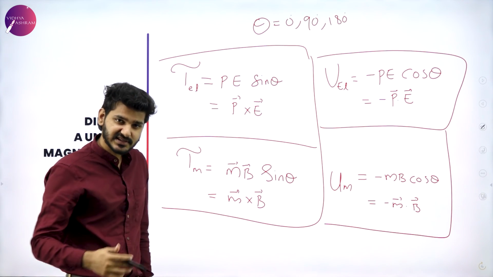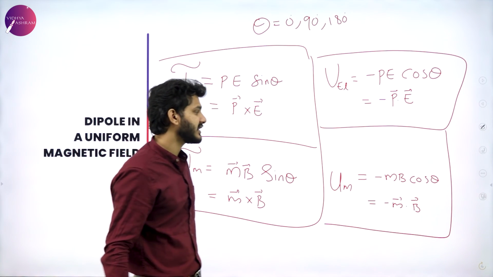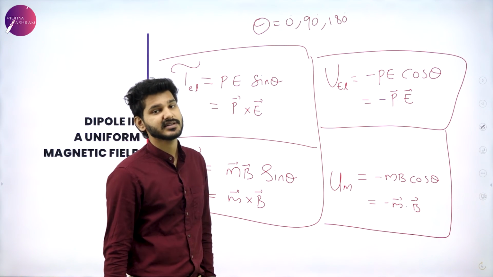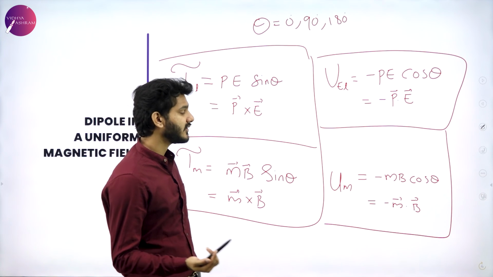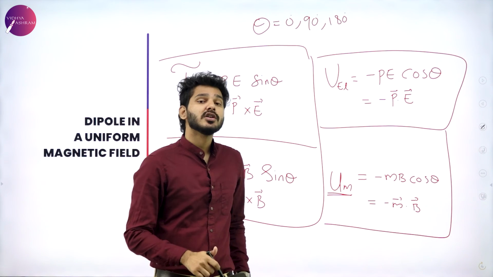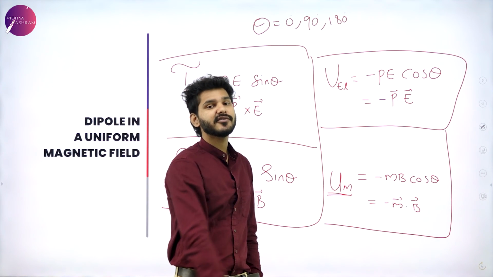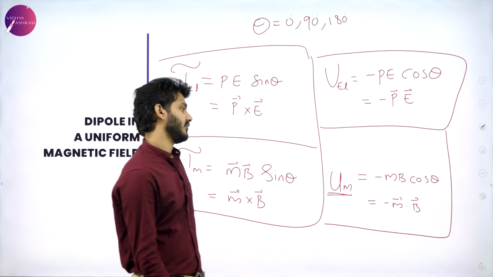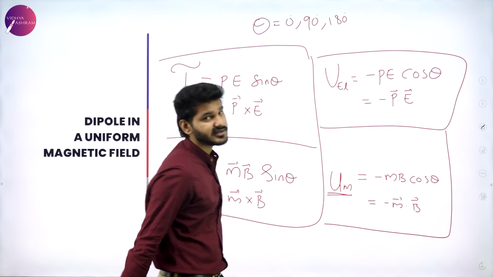The results are also very similar. When theta is equal to 0 degrees, cos theta becomes 1, and then we can say that potential energy will be at its minimum. So when the dipole is parallel to the field, the potential energy is at its minimum. Already there is a minus sign here, just like before.